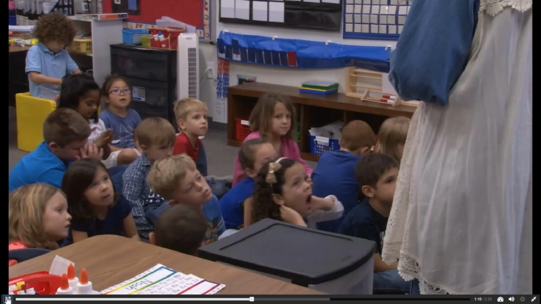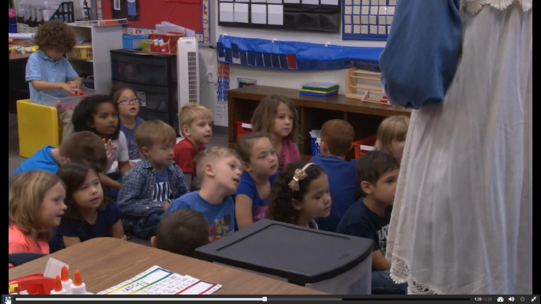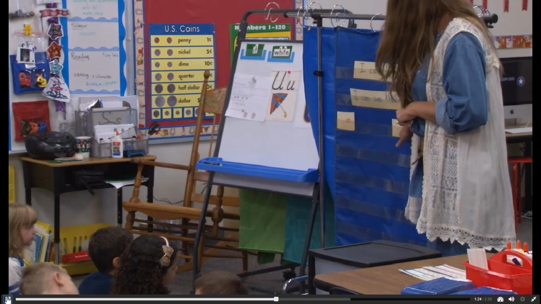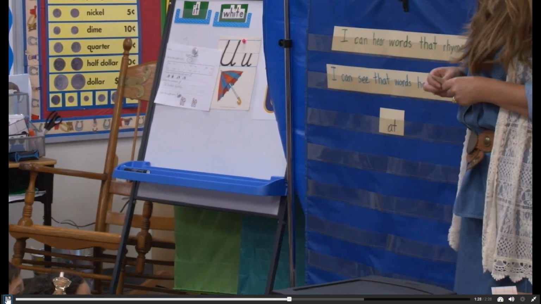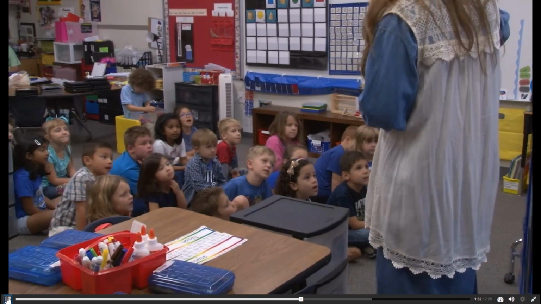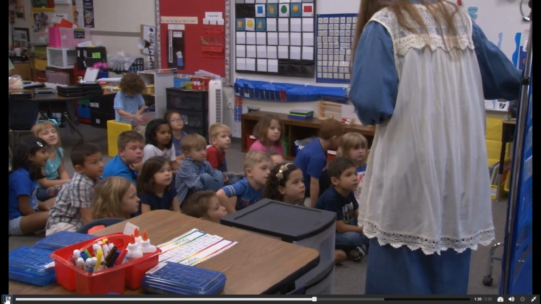Do you know what this says, Kayla? At. Let's look at it together. A-T. At. Now, you know what? What's really cool about at is I can add other letters in front of it to change the word. So what's this letter? M. What does M say? If I put M in front of that.